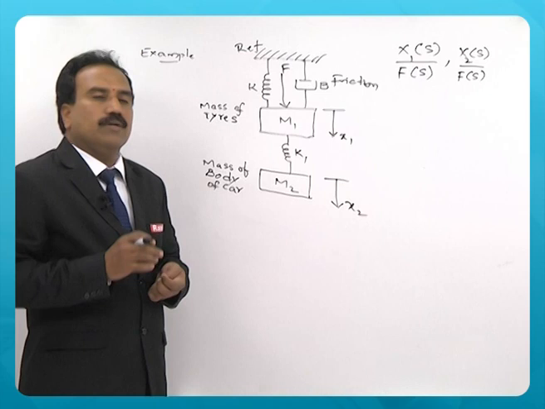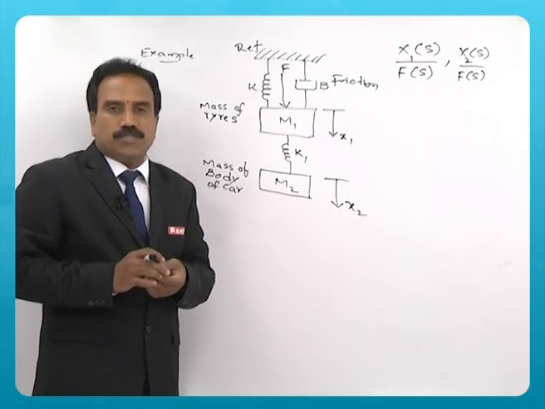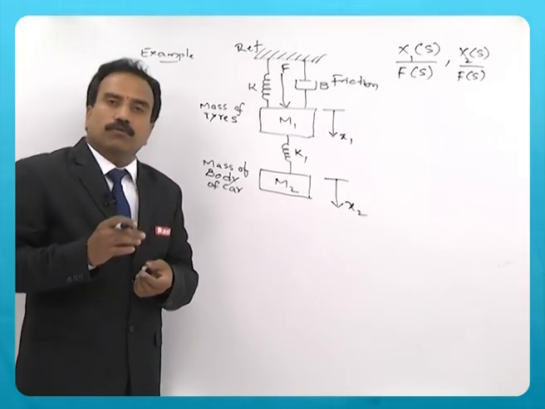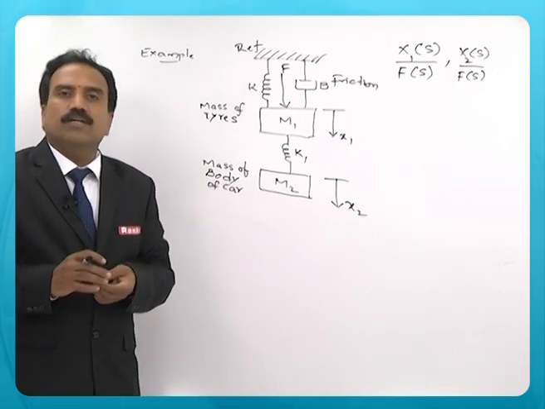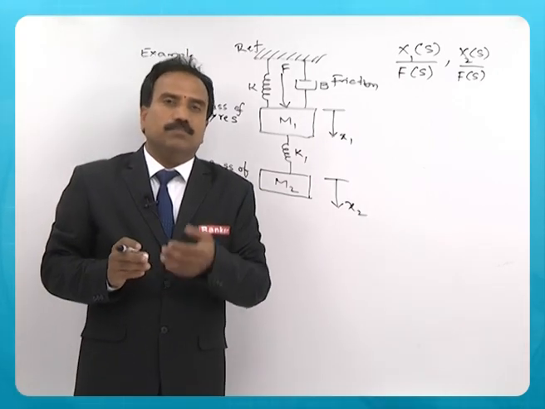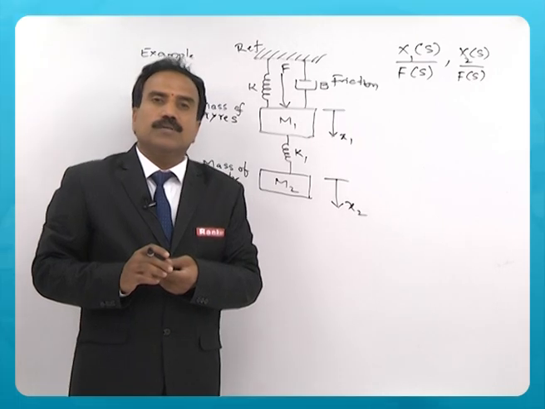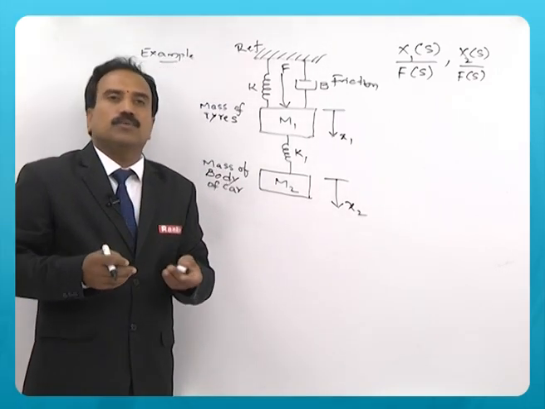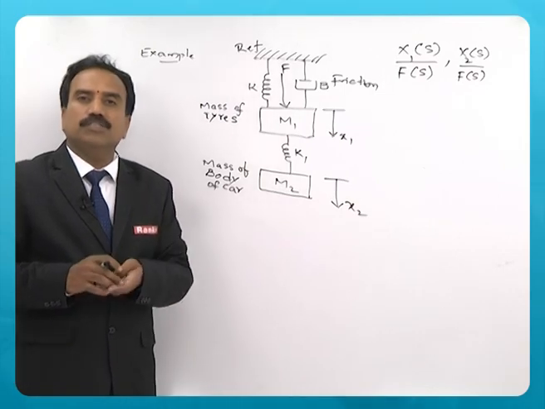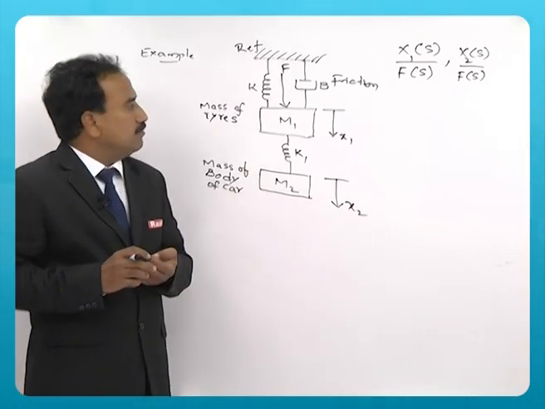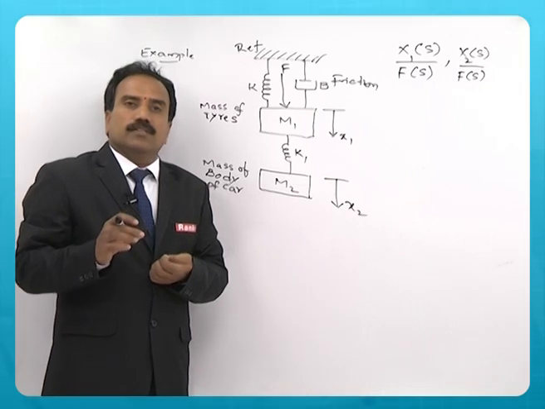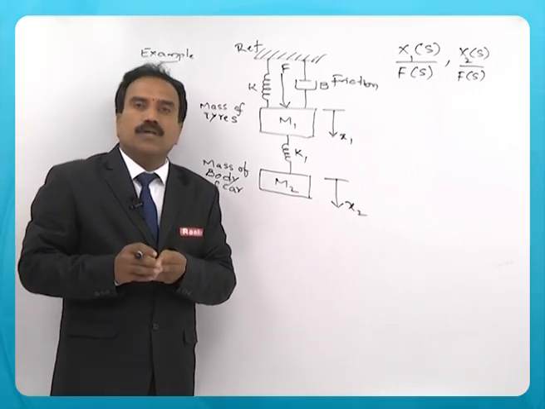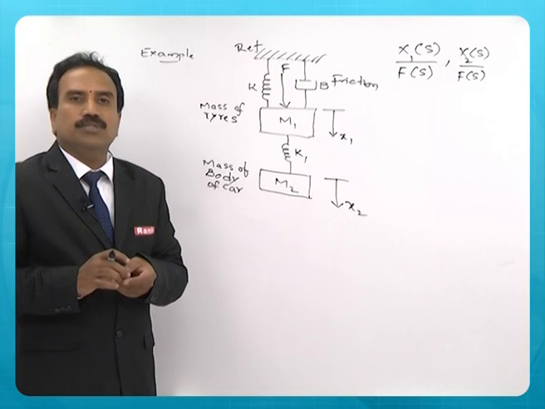So, how to write the equations first? Before getting the transfer function, as I was indicating in the previous class on electrical systems, there we need to apply KVL or KCL to write the voltage or current equation. Similarly, here we need to write equations of force according to Newton's second law of motion.